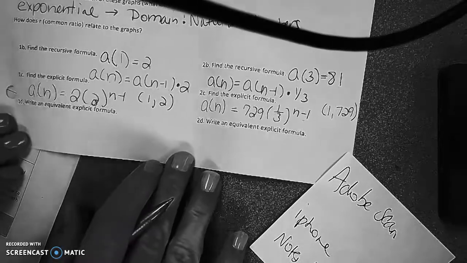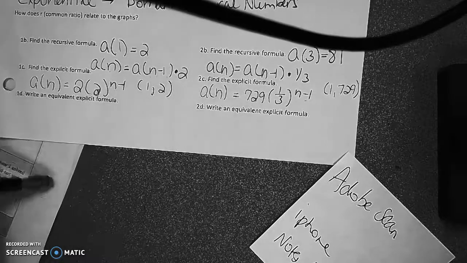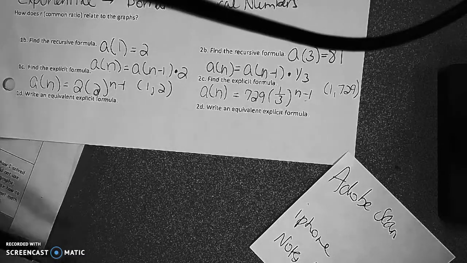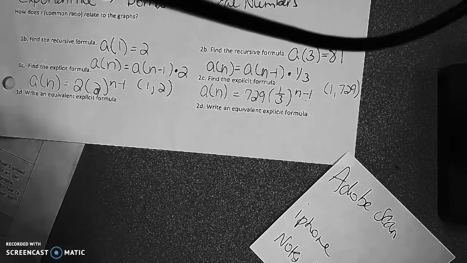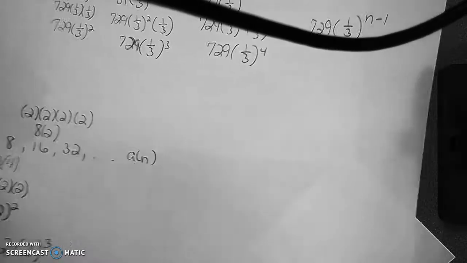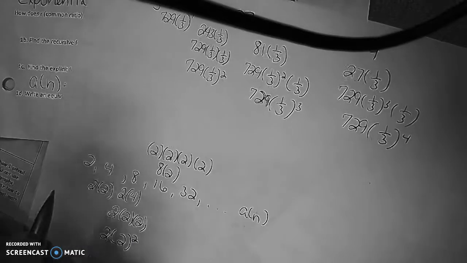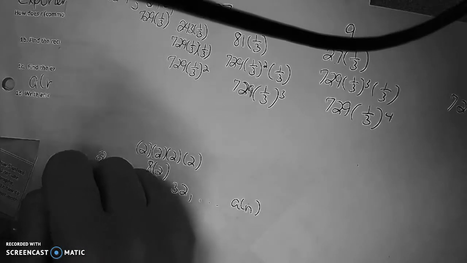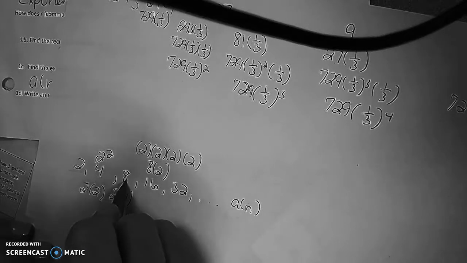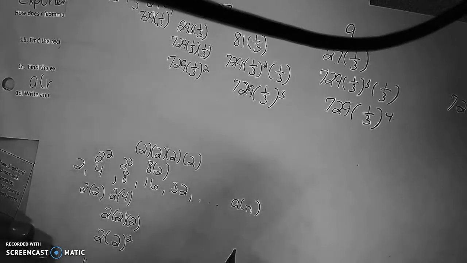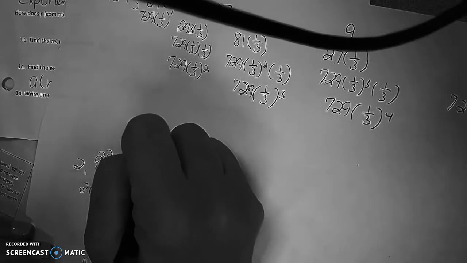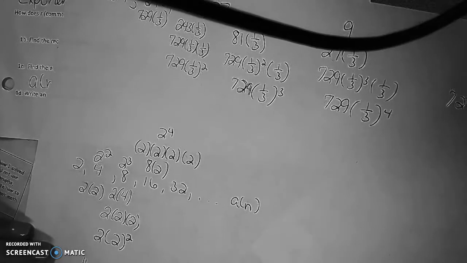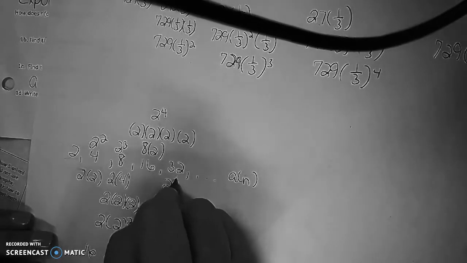So notice this next question says, write an equivalent explicit formula. Okay. So some of you may have done this problem pretty easily. Go back and look at your pattern. Could we not have said 4 is 2 squared and 8 is 2 cubed and 16 is 2 to the 4th and 32 is 2 to the 5th?